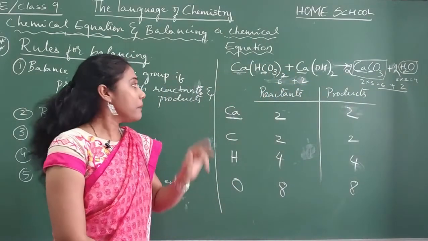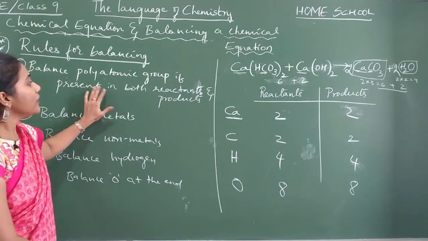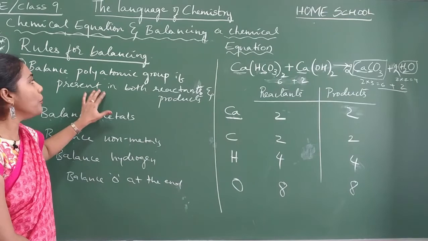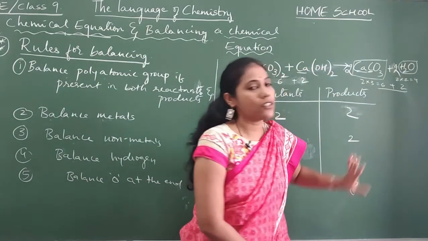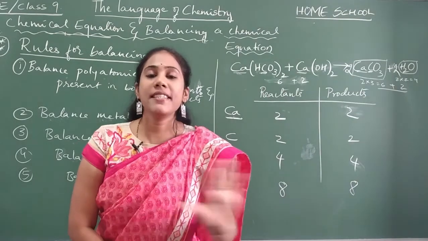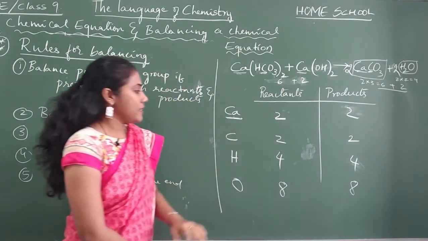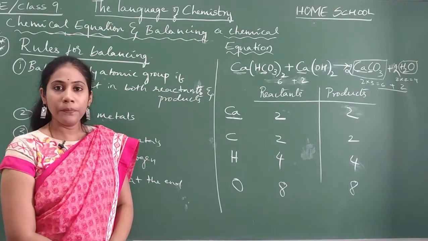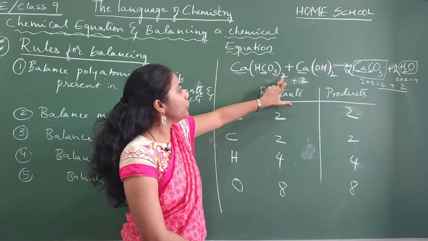And purposefully I took this example to explain this point. You have to balance as a group when groups are there in the products also. Otherwise, you should not consider them as groups. Consider the separate elements and then balance according to a rule. So while counting, you have to be careful. So here, how do you count, guys?